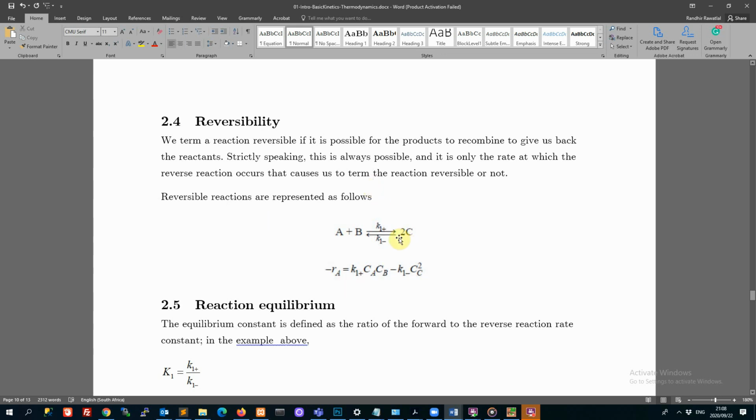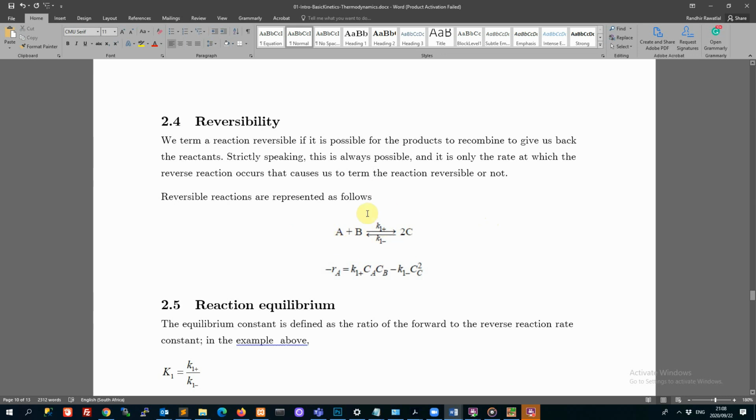It's just that sometimes the reverse reaction is much slower than the forward reaction. And people tend to say, oh, it's not reversible. Well, everything is reversible, but it's just that sometimes the reverse rate might be so low that we treat it as if it doesn't even happen.